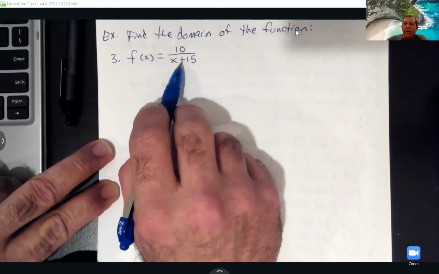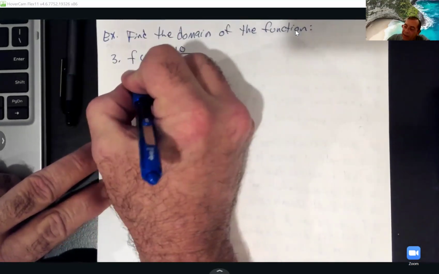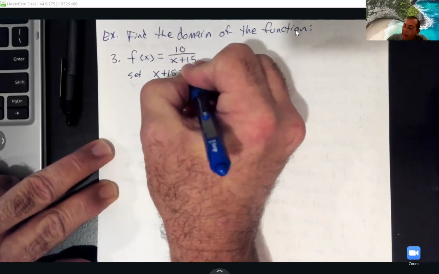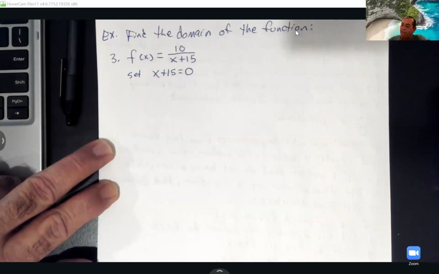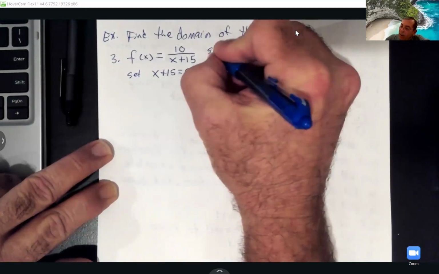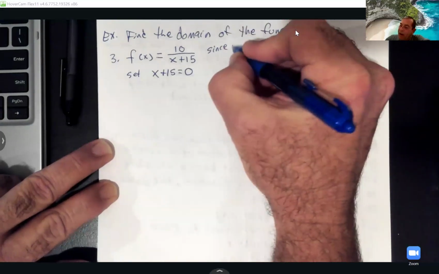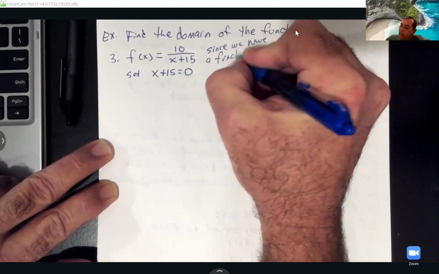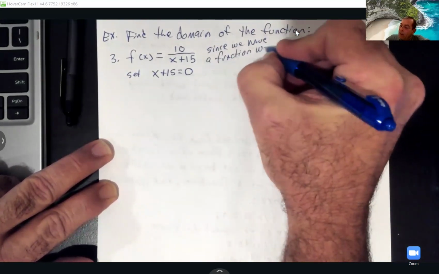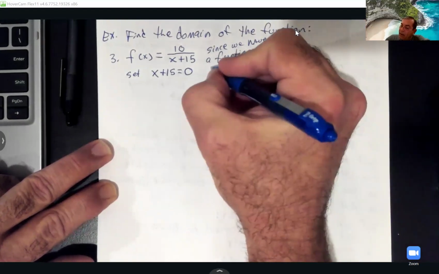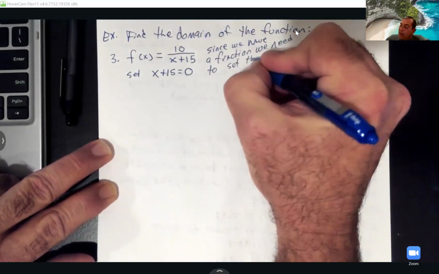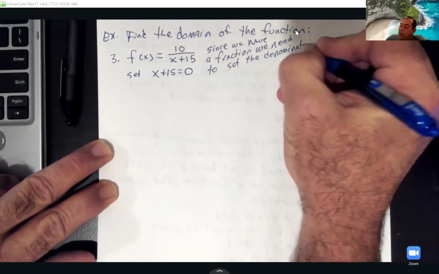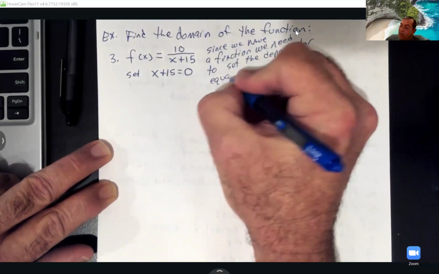So what I'm going to do, I'm going to set x plus 15 equal to 0 and solve that. So I'll write it on the side. Since we have a fraction, we need to set the denominator equal to 0 and solve.